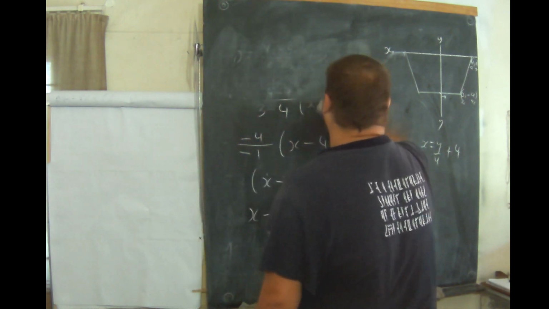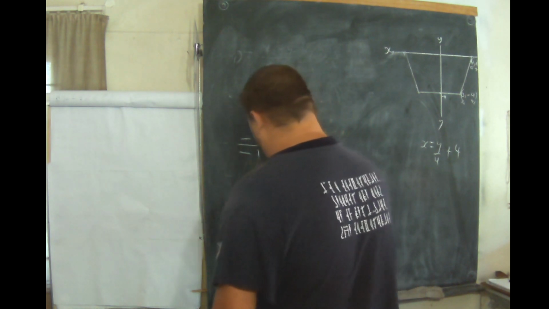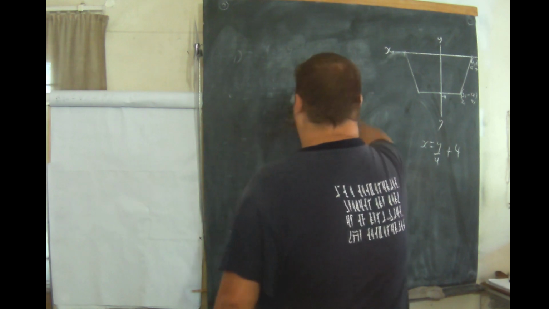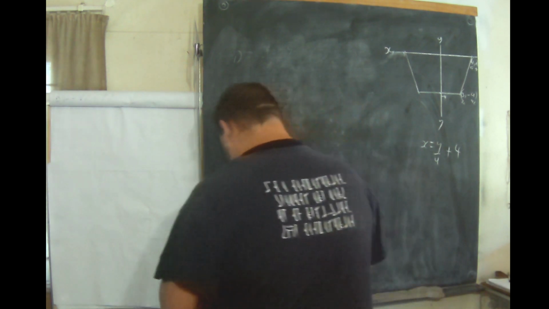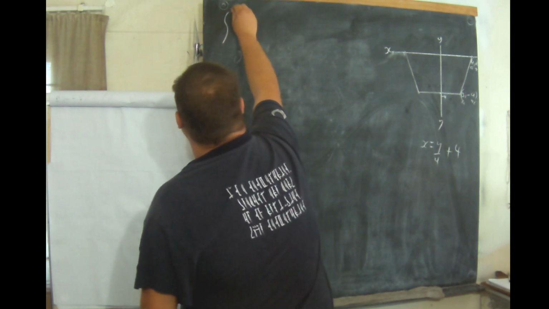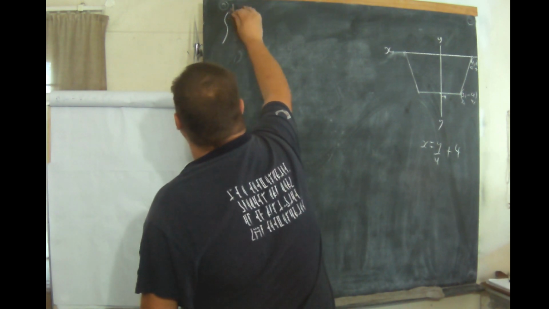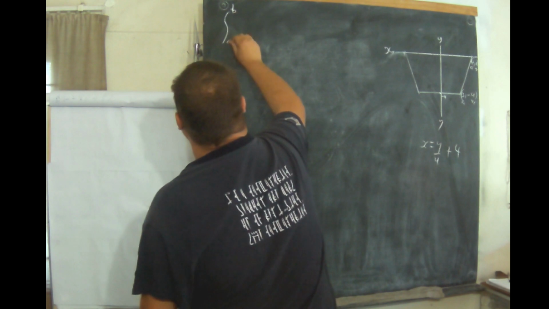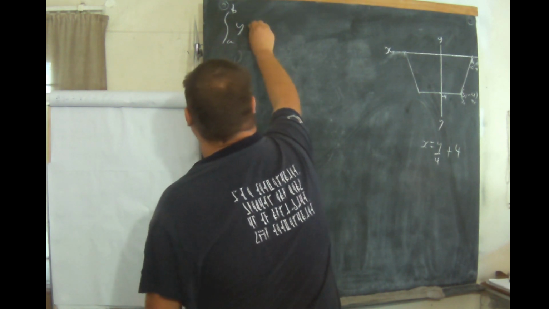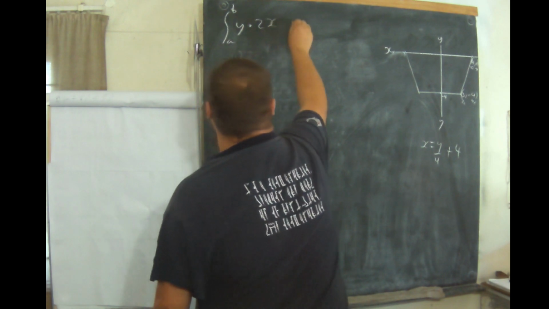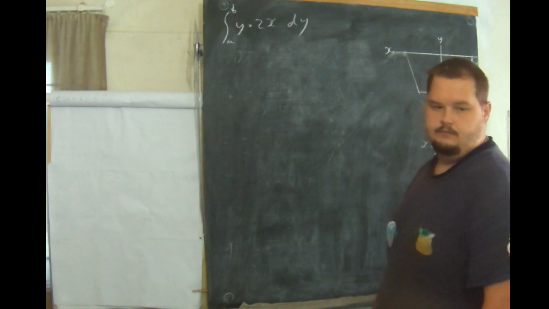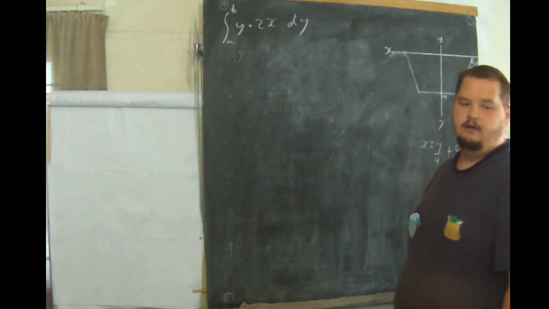Our formula that we're going to follow is the integral from a to b of y multiplied by 2x dy. That is the formula we're going to follow.